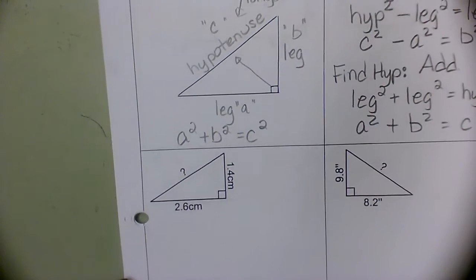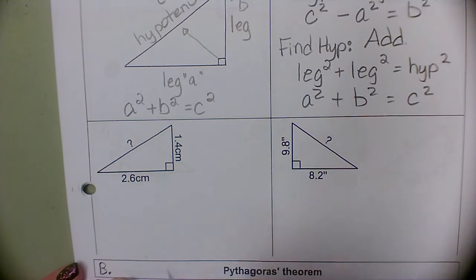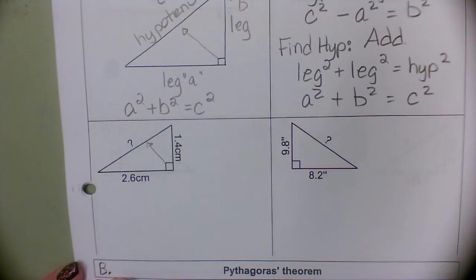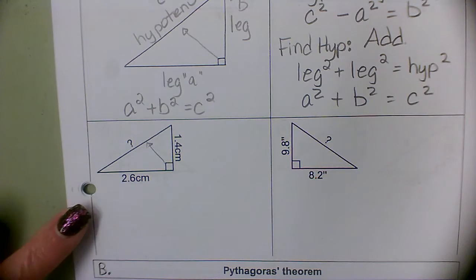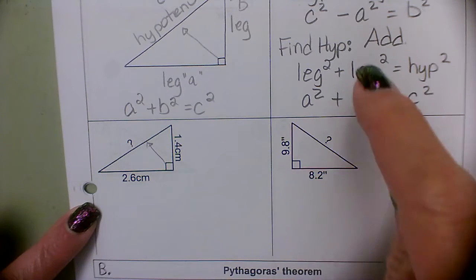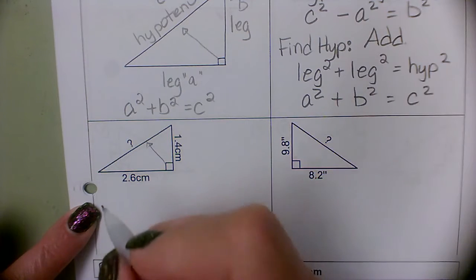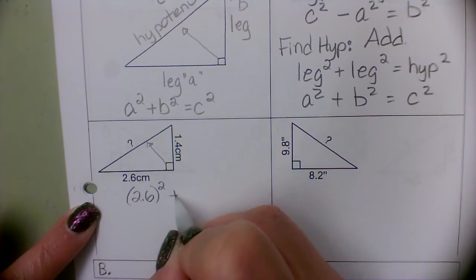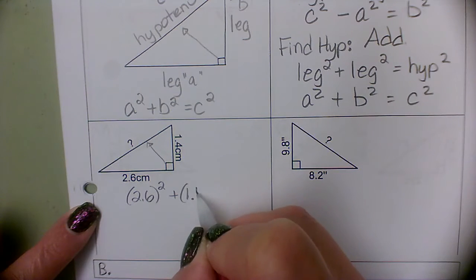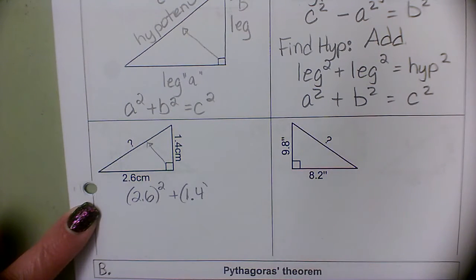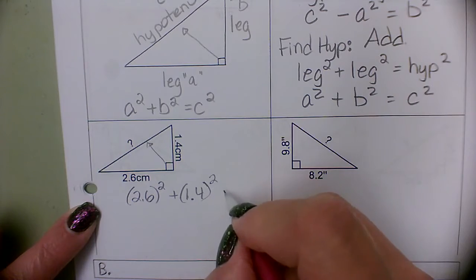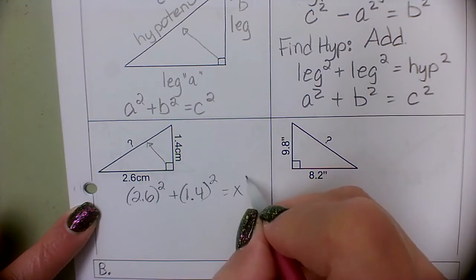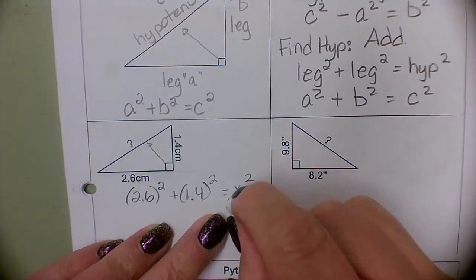So let's look at our first example here. I'm finding my hypotenuse, because the side across from the right angle will always be the hypotenuse. That means I'm going to add the squares together. So 2.6 squared plus 1.4 squared gives me my c squared.